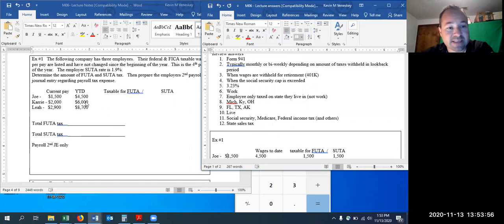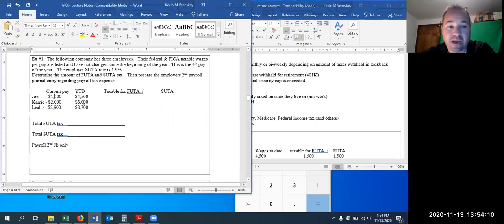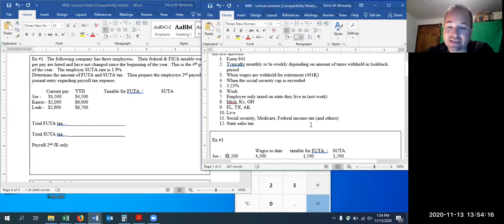For Carrie, the 6,000, if we take step 1, 6 plus 2, that's 8,000. We're over the cap for FUTA purposes. So then all we need to do is go to step 2, take the cap, 7,000, minus where she's at right now, 6,000. So 7 minus 6 says 1,000 is taxable for FUTA.